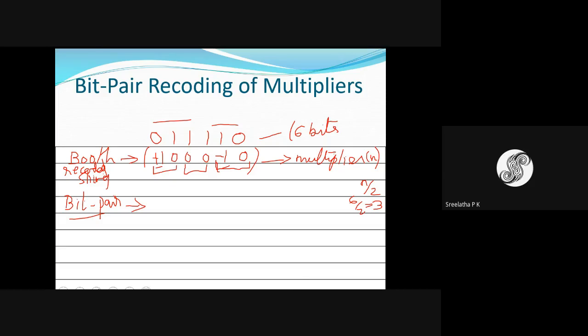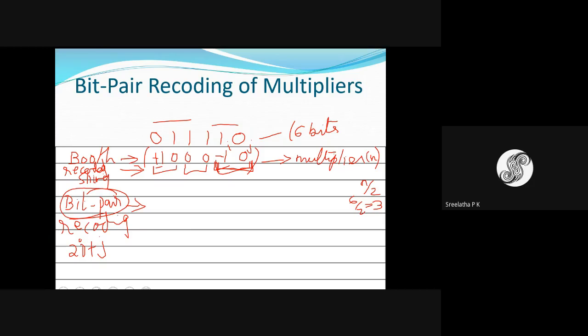This is the Booth code which we have got. Now it has to be reduced to 3 bits using the bit pair recoding technique. We use the formula 2i plus j, where in each pair the first value is i and the second is j.